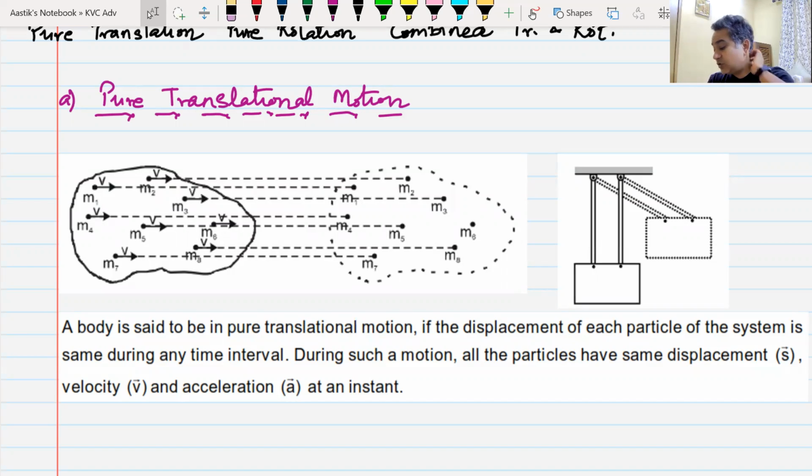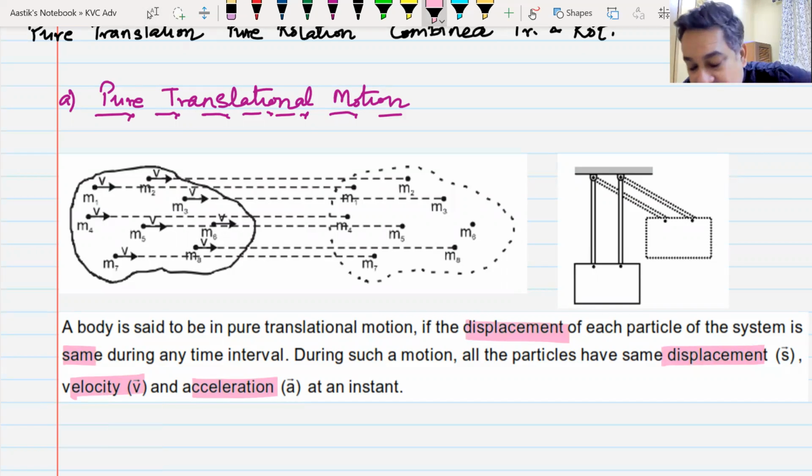A body is said to be in pure translational motion if all particles have the same displacement, same velocity and same acceleration at all instants. Whatever be the value, they must have the same value.